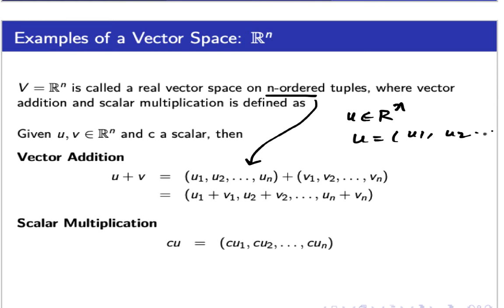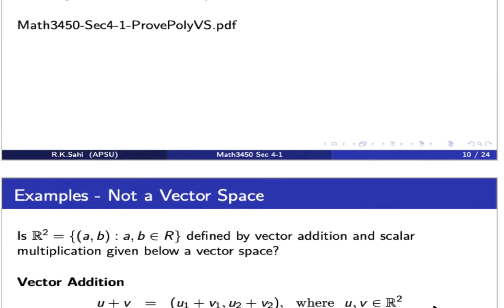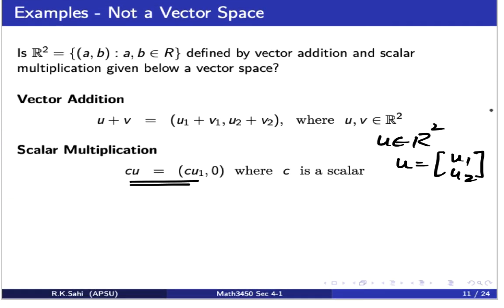U1, U2, and so on up to Un. It will have n elements, or n columns here. I'm just making my life simple, as I said, so in place of n, I have R2.